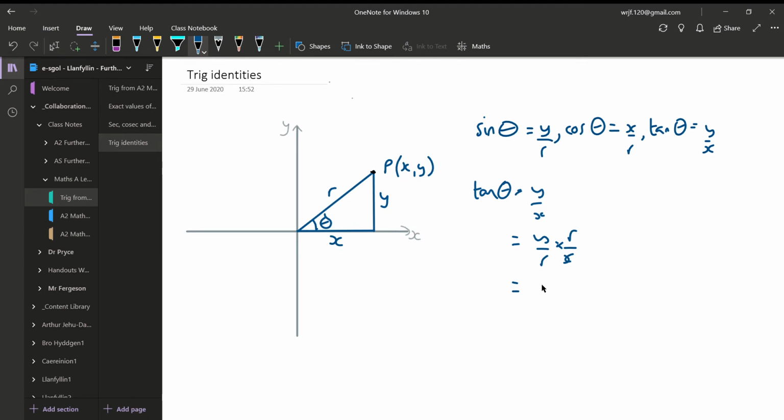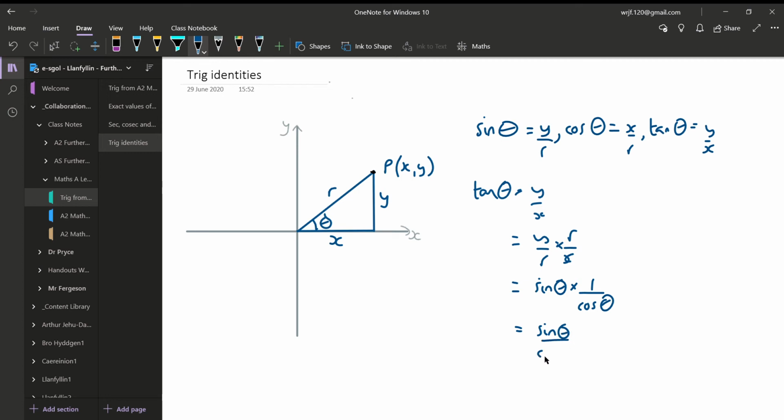And y over r is sine theta, and r over x is the reciprocal of cos theta, so that's 1 over cos theta. Of course, now that we know about our reciprocal functions, we could have that as sec theta there, wouldn't it? But actually I'm going to think about it just as being sine theta over cos theta.